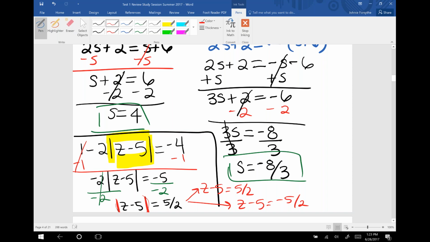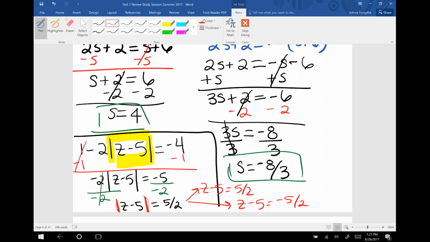Something else that I'll mention, not in these problems, is let's say this said 1 plus 2 times the absolute value, and everything else. You still subtract the 1, and you would end up with positive 2 times the absolute value, blah, blah, blah, equals negative 5. And then you would divide by the 2. You would end up with the absolute value equals a negative number.